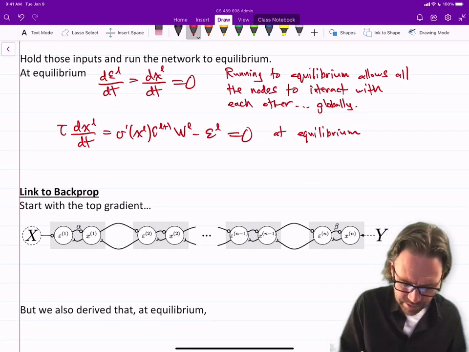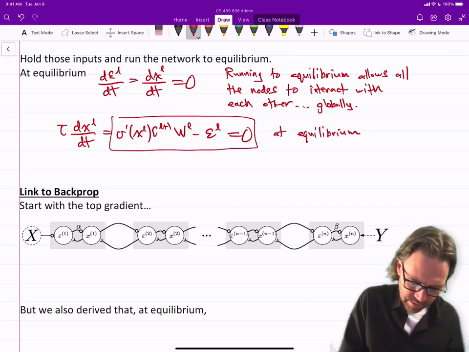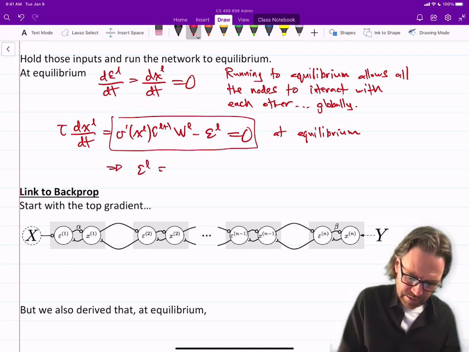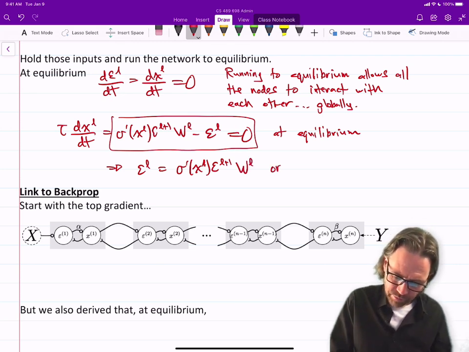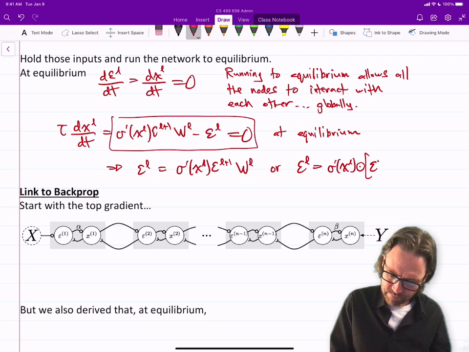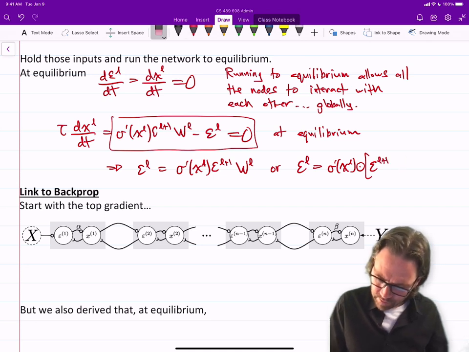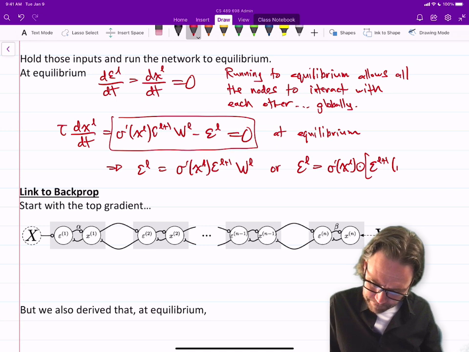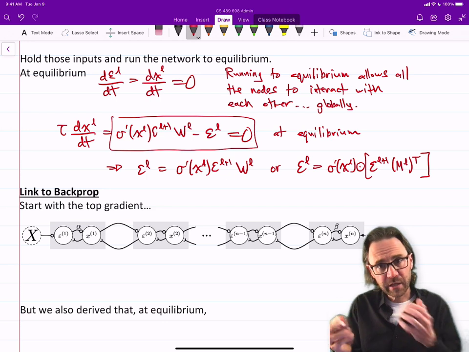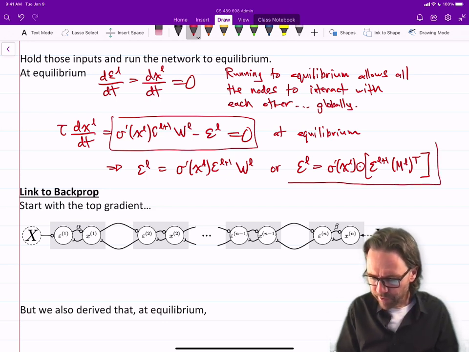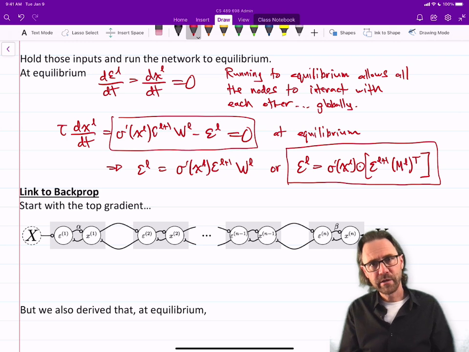So if that's true, then we can just look at this equation and solve it. So that tells us that epsilon L must be sigma primed XL times epsilon L plus 1 times WL. Or we can rewrite it as epsilon L equals sigma primed XL, you write it this way. Okay. So at equilibrium, this is a relationship between the epsilon, the error node on one layer.